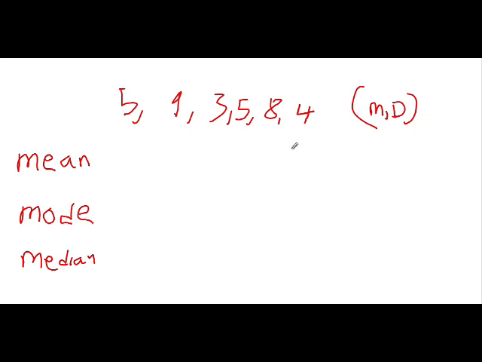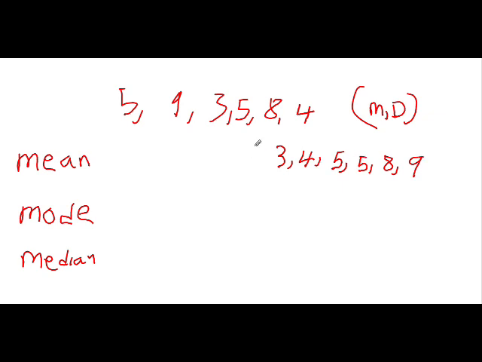In this case, the lowest number is 3, the next is 4, the next is 5, the next is another 5, the next is 8, and the next is 9. So you see, you rearrange them 1, 2, 3, 4, 5, 6, starting from the smallest to the highest.